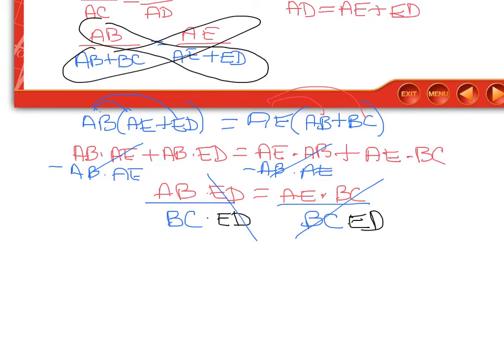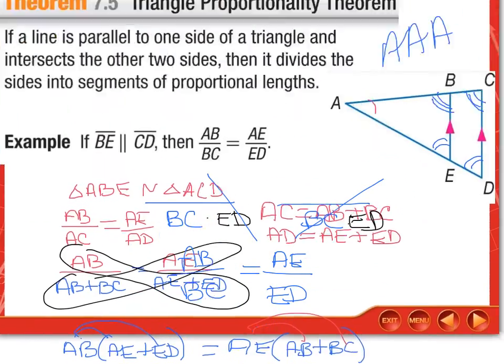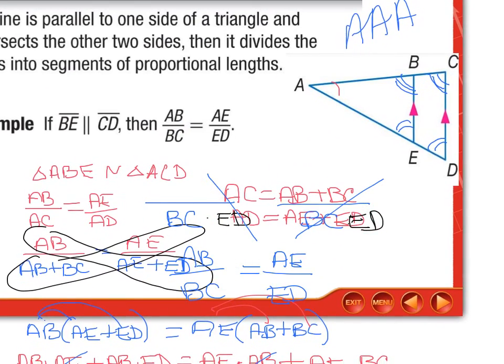And so what I end up with is AB divided by BC is equal to AE divided by ED. And that's what this whole theorem is about. If we go back up here, we can see that these sides are proportional. AB is to BC, this little segment, it's not the side of a triangle, it's the segment, is proportional to AE is to ED. That's what we just proved in this theorem.